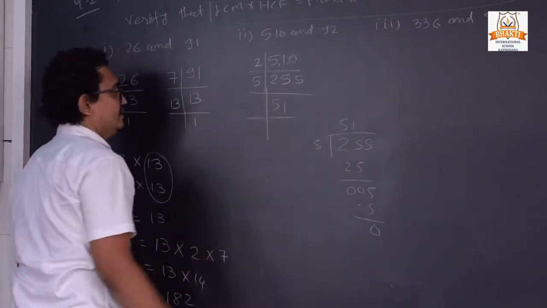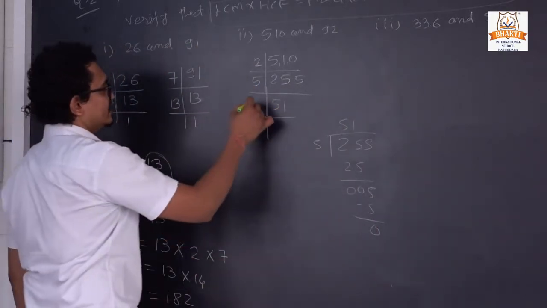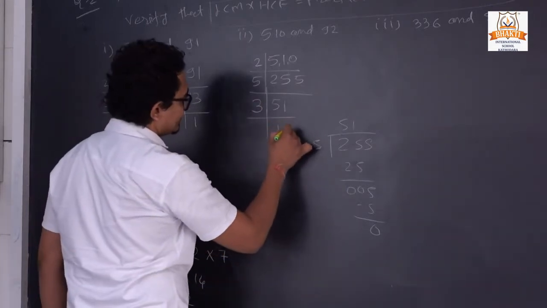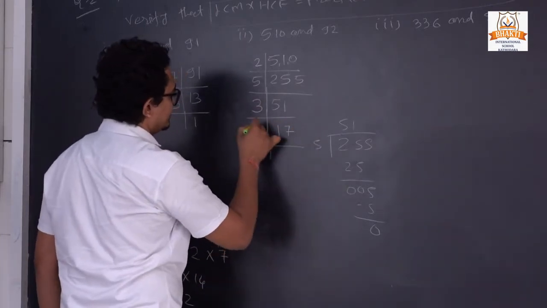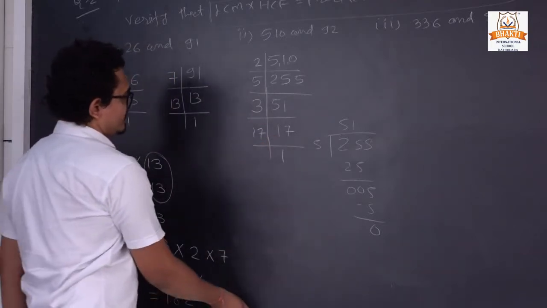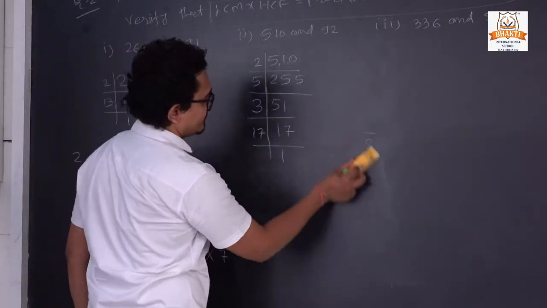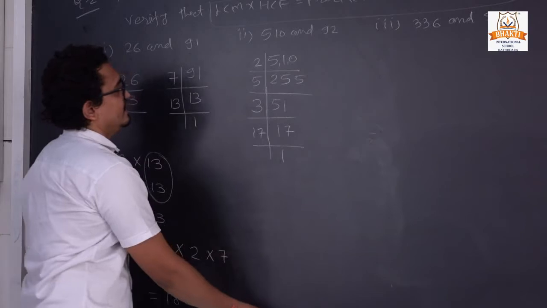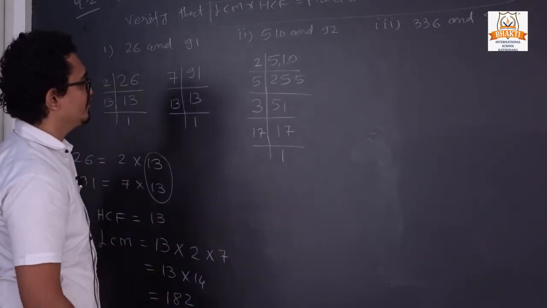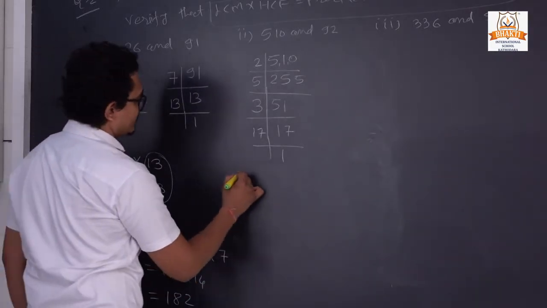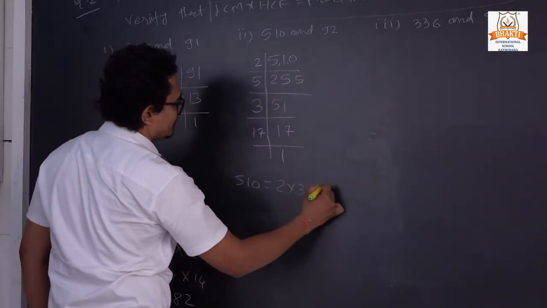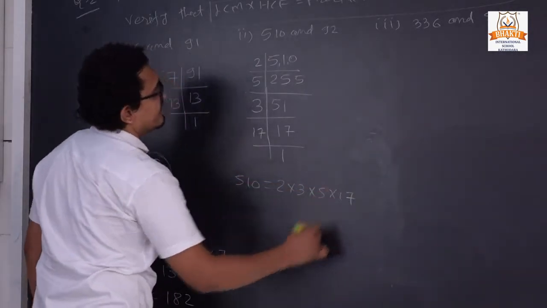Once again, 51 is divisible by 3, so 3 17s are 51, and 17 1s are 17. So what is its prime factor? The prime factorization of 510 is 2 into 3 into 5 into 17. So we can write it like that, 2 into 3 into 5 into 17.